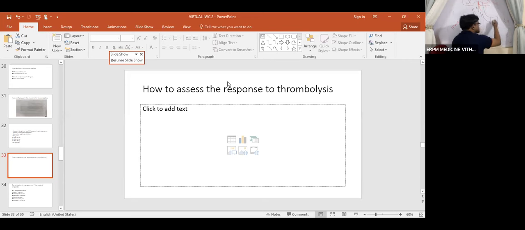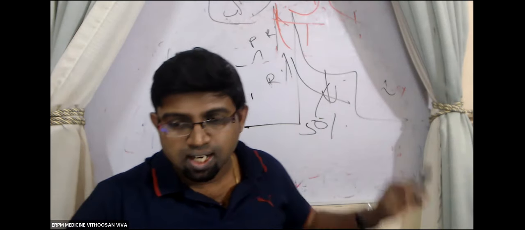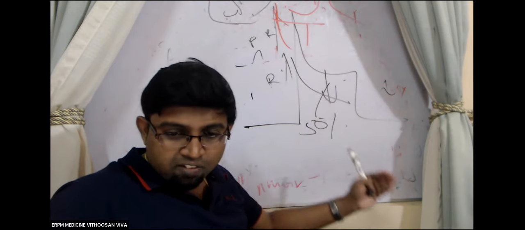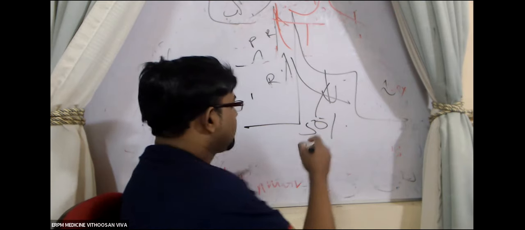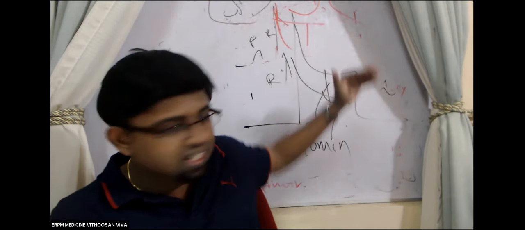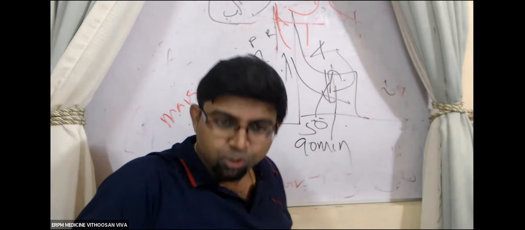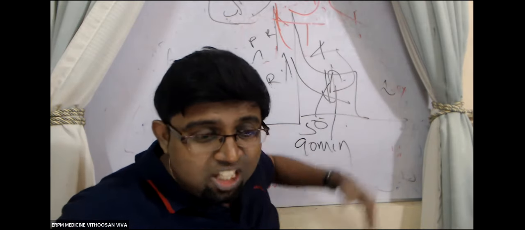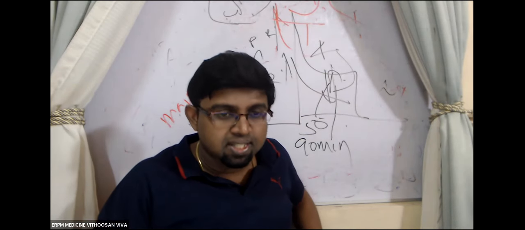This will come down by at least 50% after 90 minutes. Say the ST segment which is elevated has gone up by 4 squares. It will come down by at least 2 squares, by 50% after 90 minutes.